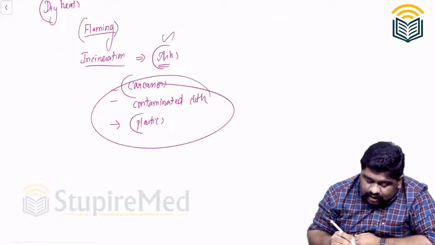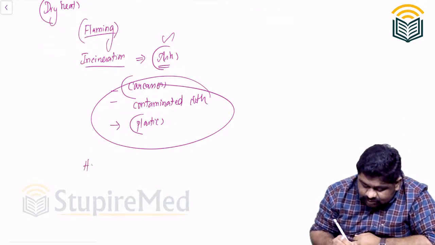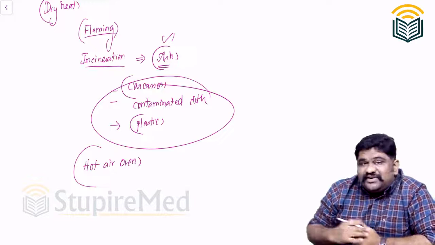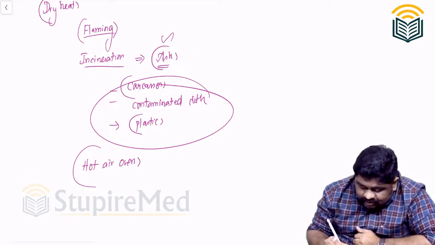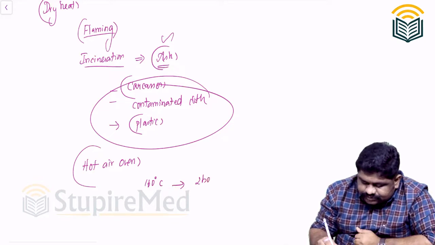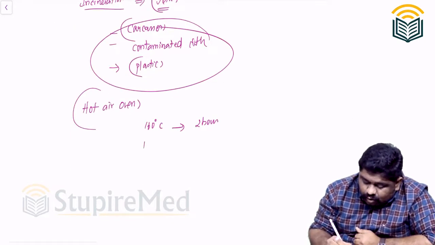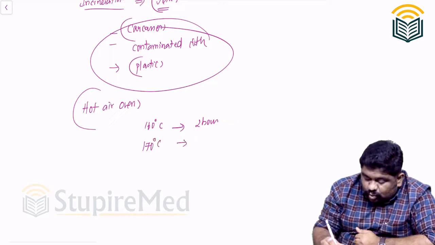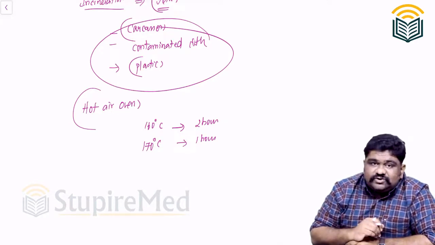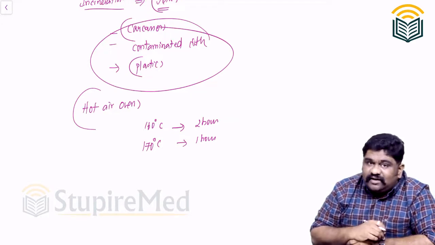Next, we can think about the most important dry heat mechanism called the hot air oven. This oven can be run at different temperatures. For example, I can use 160 degrees Celsius for 2 hours, or I can use 170 degrees for just 1 hour. What is this following principle? Previously I told you in the case of pasteurization, we had the Holder method and flash method.